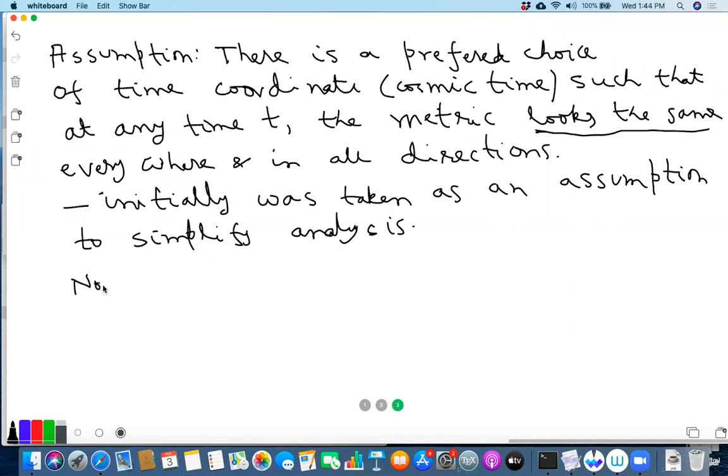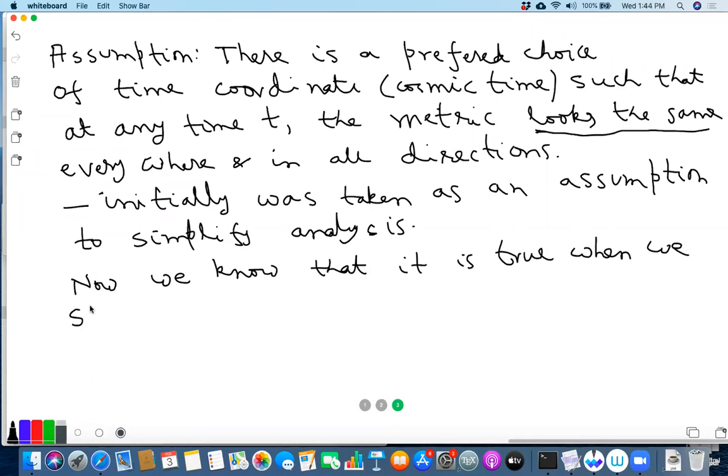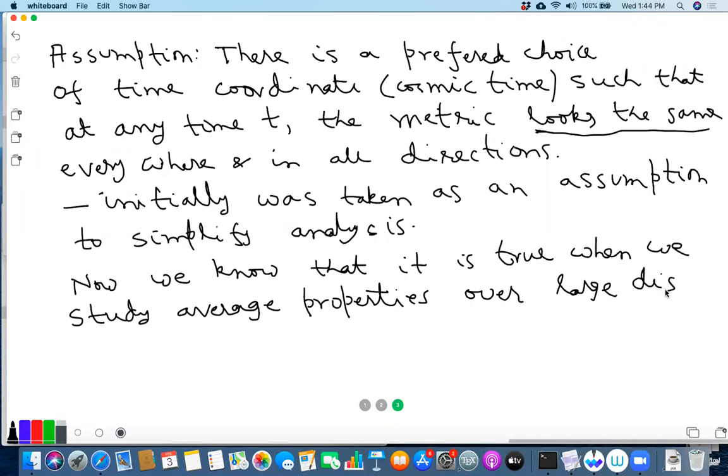Now we know it's true when we study average properties over large distances. Okay. Now, how large is large?